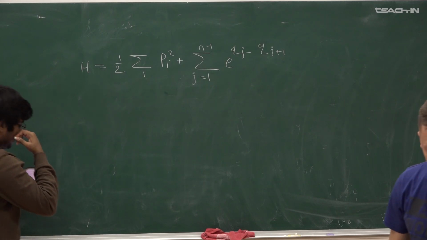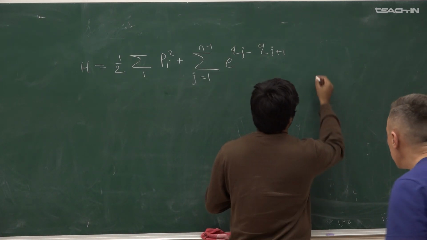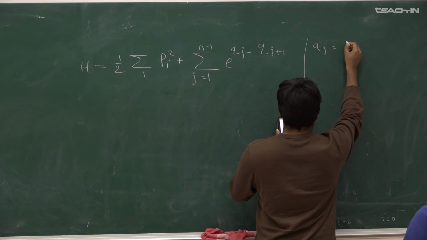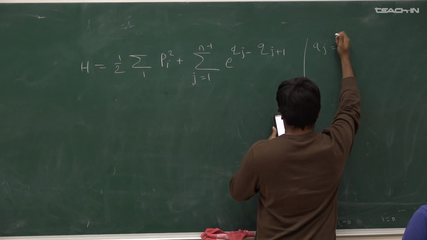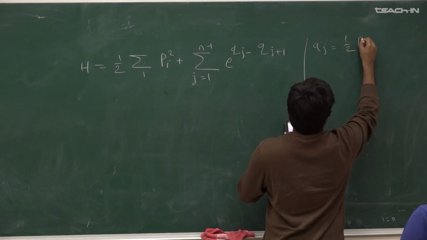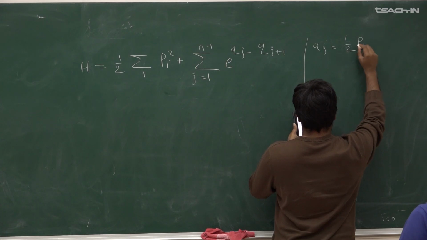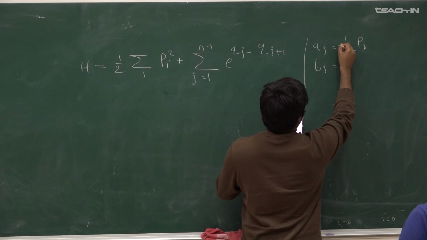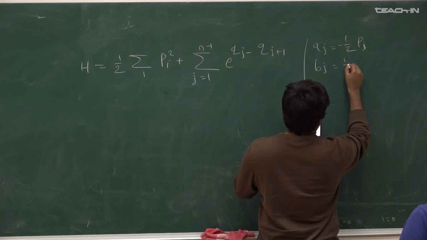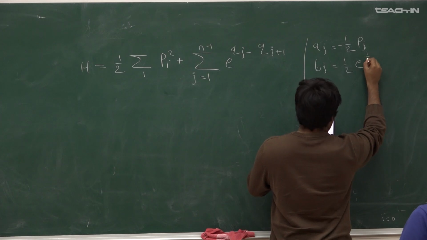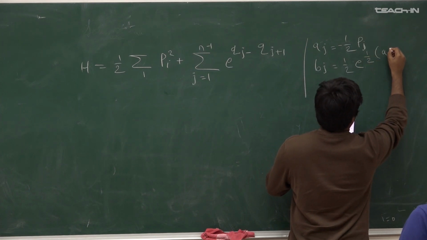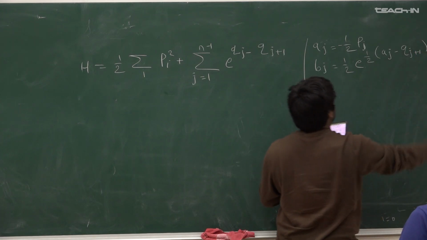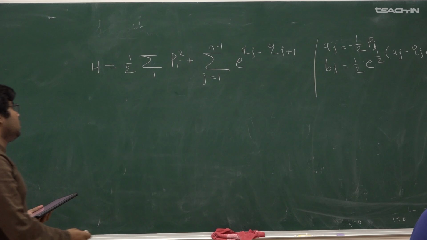And we have the following Flaschka coordinates. Aj is equal to half pi pj minus, if I remember well. Yes, half aj minus q plus 1.